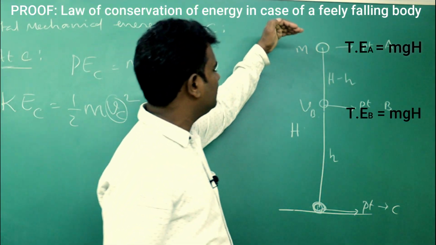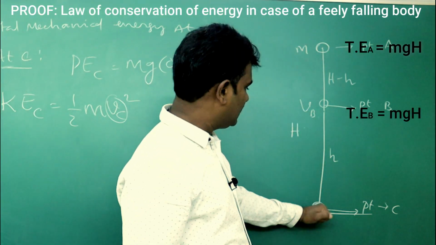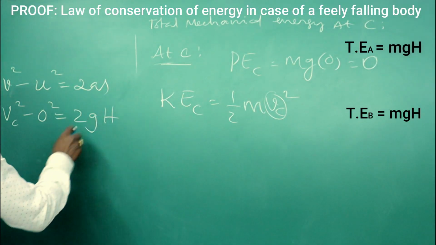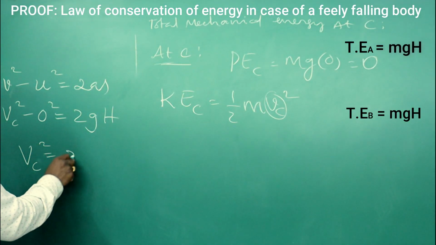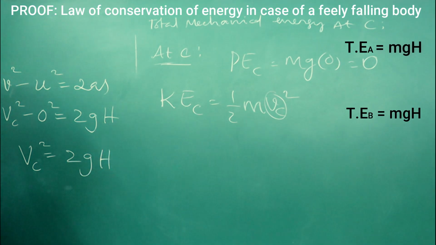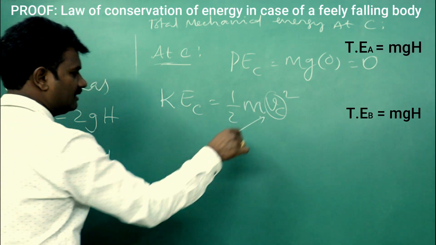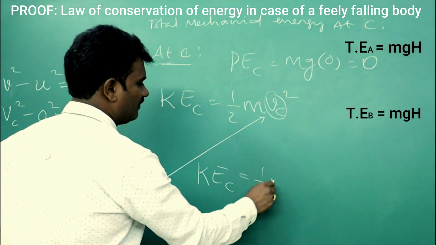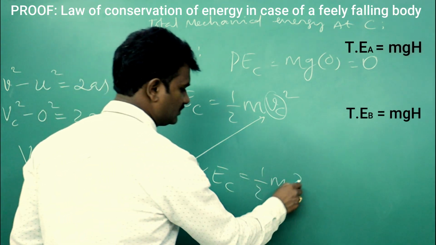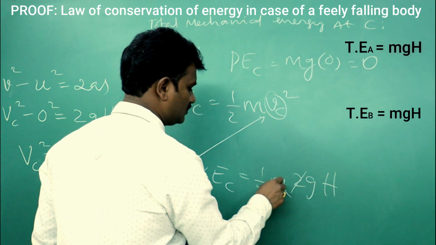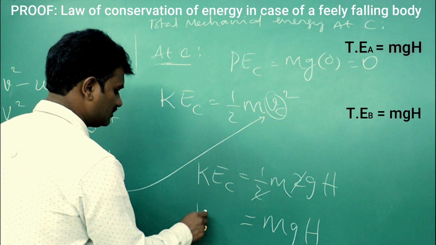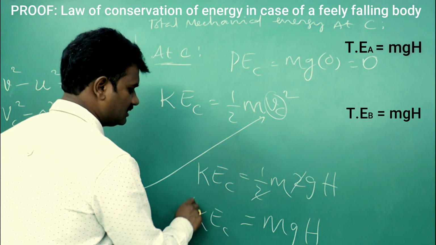So what is the displacement when the object moves from A to C? H. So 2g into H, so v square is equal to 2gH. Upon substituting this value here, I get kinetic energy at C is equal to half m into 2gH. The 2 gets cancelled. This is mgH, which is the kinetic energy at C.